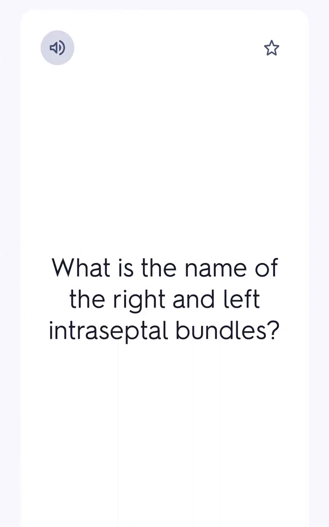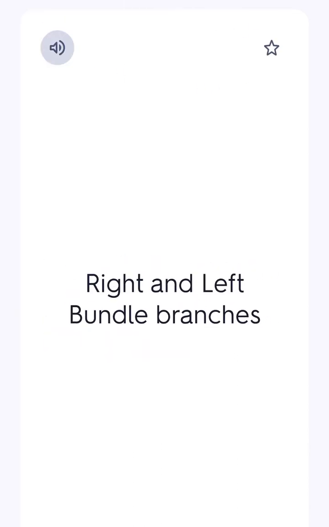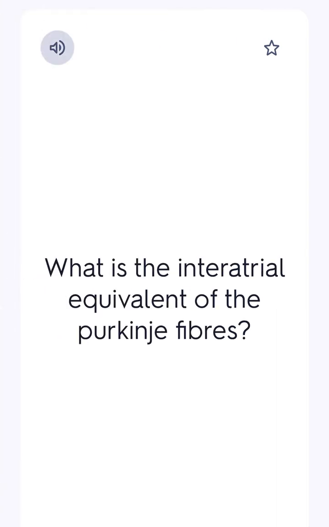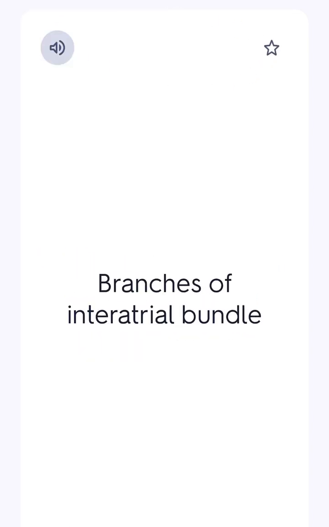What is the name of the right and left intraseptal bundles? Right and left bundle branches. What is the interatrial equivalent of the Purkinje fibers? Branches of interatrial bundle.